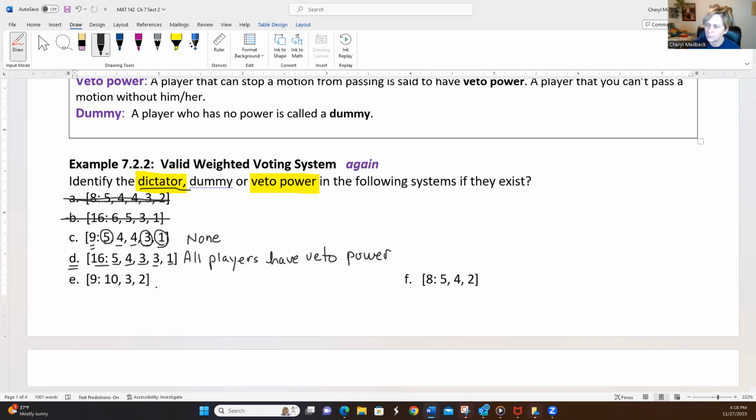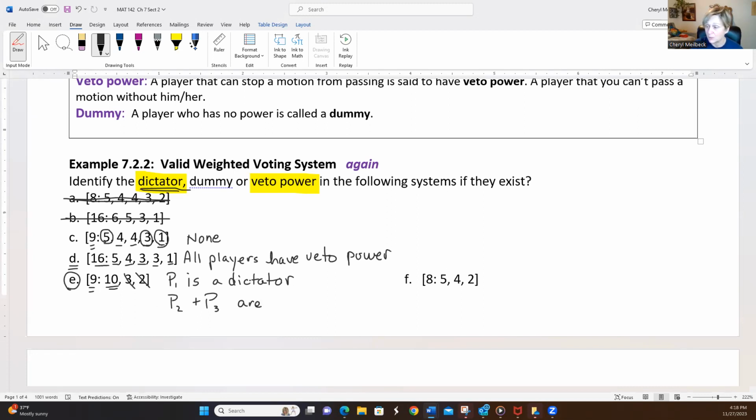Let's look here. Ooh, on E, player 1 has 10 and the quota is only 9. So player 1 is what we would call a dictator. And because he is a dictator, player 2 and player 3 are dummies, because it doesn't matter how they vote.